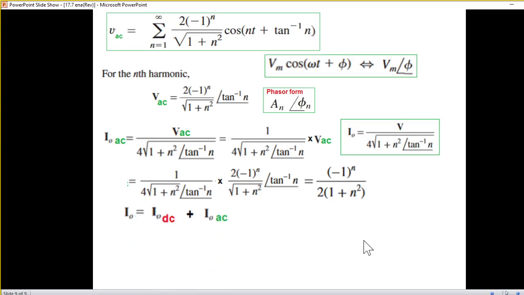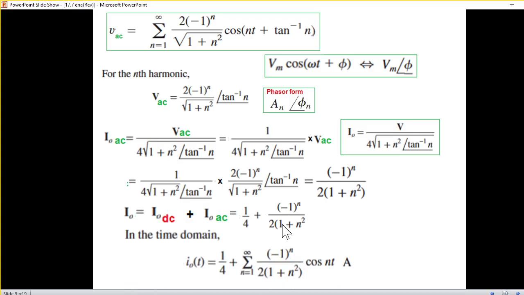So the total current I0 is I0DC plus I0AC. Plugging in both the values. And now we can go to the time domain. For DC it will remain same. For this one, we're just going now opposite of this.